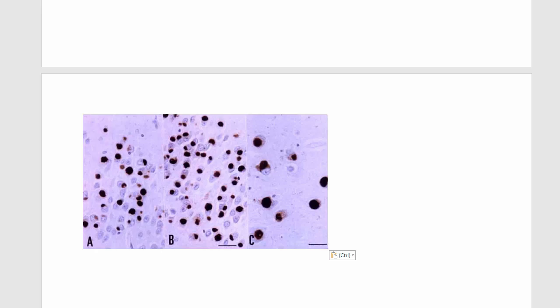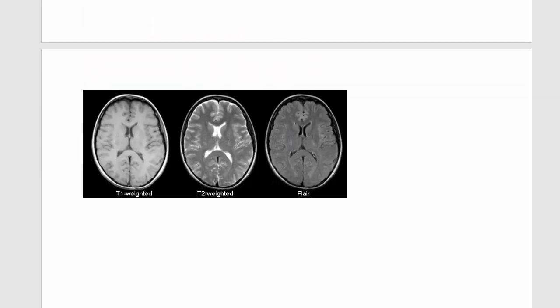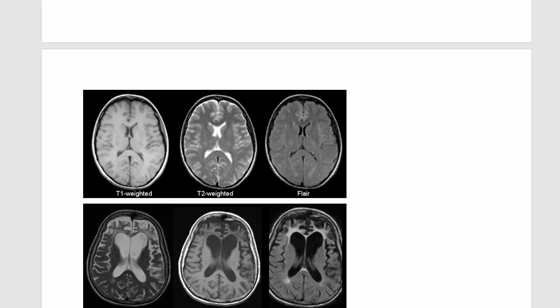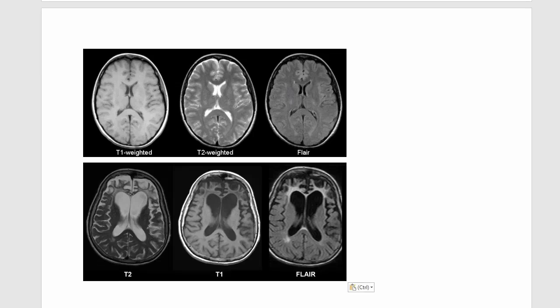Specifically with Pick's disease, normally if you're looking at a brain CT scan, you'll see it like this. When you're looking at frontotemporal dementia, you will see this. If we look around the frontal temporal lobe, you can see there is a lot of atrophy.